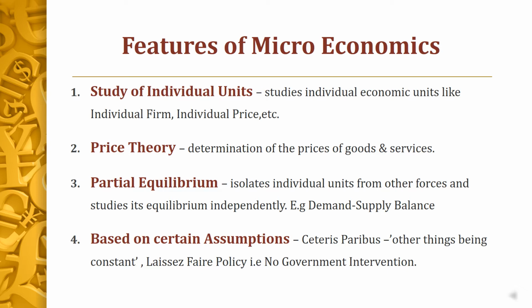He has taken into consideration assumptions like other things being constant or no government intervention. That means when he is studying the demand for a particular product, he will assume that the income of the consumer is constant or the government policy is constant. When these assumptions are taken into consideration, only then the law will hold true.